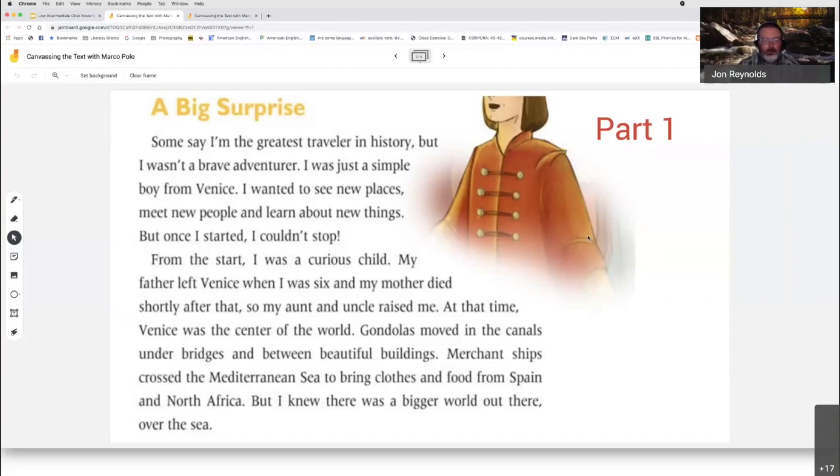My father left Venice when I was 6 and my mother died shortly after that. So my aunt and uncle raised me. At that time, Venice was the center of the world. Gondolas moved in the canals under bridges and between beautiful buildings.